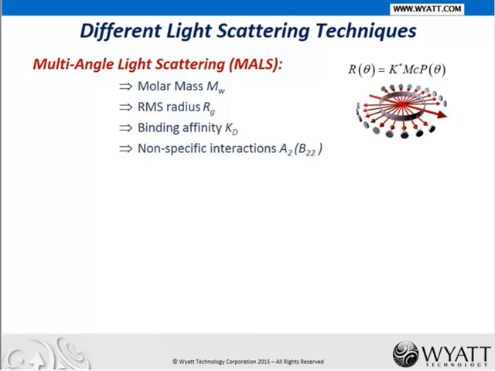characterization. The first is multi-angle light scattering, or simply MALS, or static light scattering. In MALS measurement, the scattered intensity from different scattering angles is measured simultaneously. And the scattered intensity at any specific angle is directly proportional to molecular weight, right here in this equation.